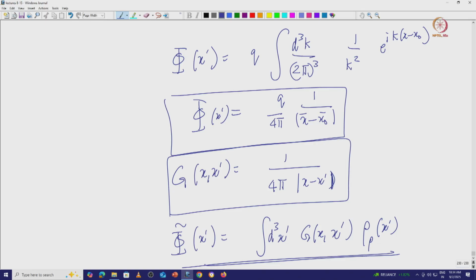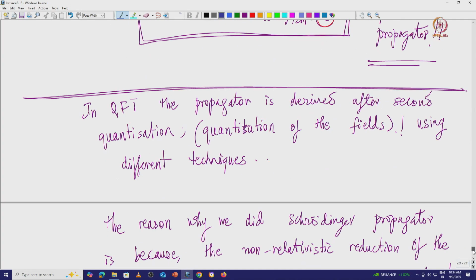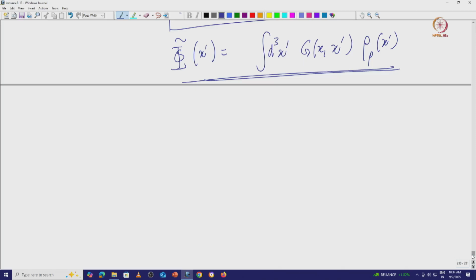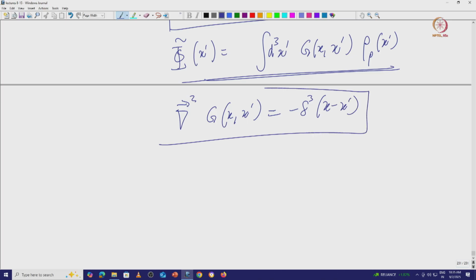Now this is what we do in classical electrodynamics. So what you have is del square g of x prime is equal to minus delta cube of x prime. So the Green's function solution for the Laplacian is with the delta function source essentially.